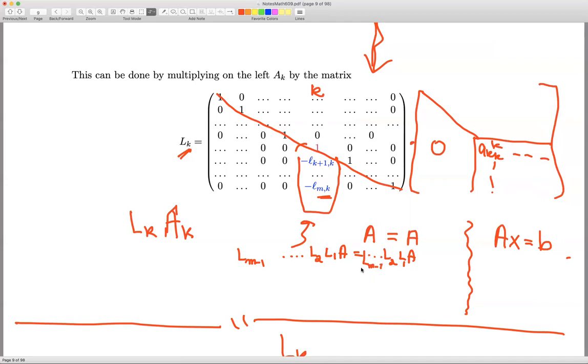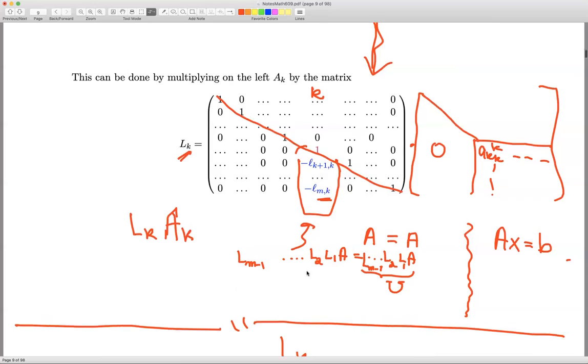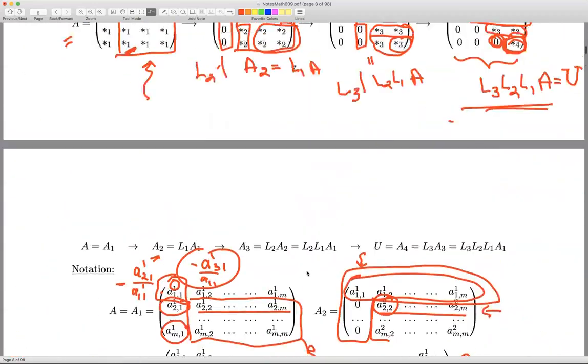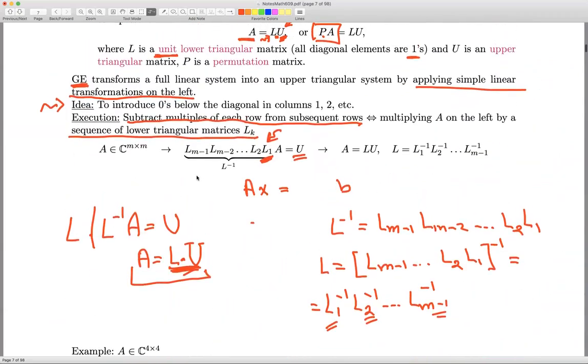So once we have that, as a result, the matrix that we end up with is the upper triangular matrix U, and so we have that Lm minus 1 and so on, L2, L1A is equal to this upper triangular matrix U. And in the previous lecture, we had exactly this equation, and from this equation, we discussed that this equation can be translated in the form A is equal to L times U, where the matrix L is equal to the product of the inverses of these matrices LK.